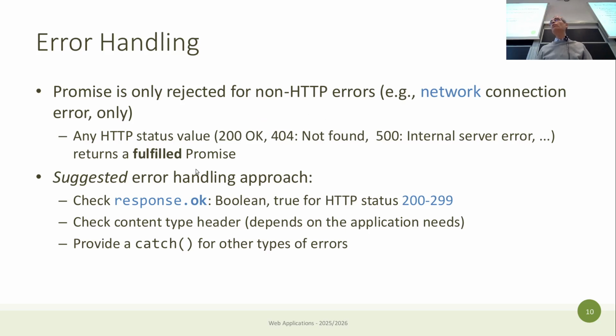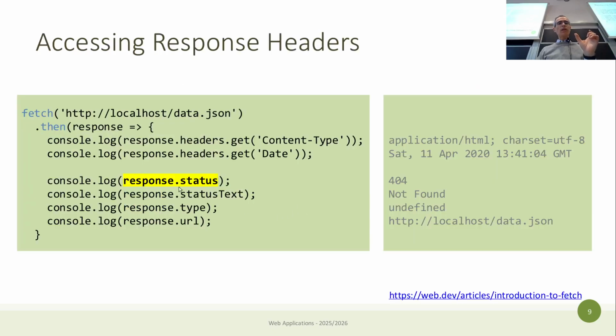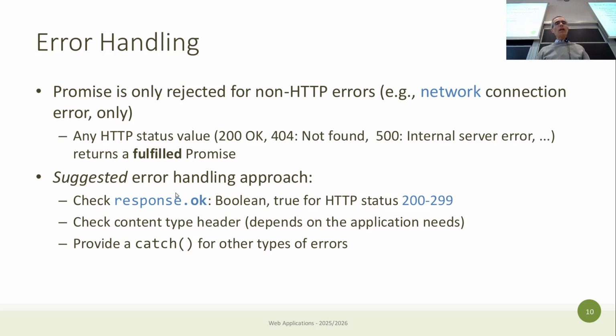You may want to handle the errors, and the errors are handled basically by the status attribute of the response object. So, suggested error handling approach, well, first of all, maybe you can check the .ok attribute. If it's fine, probably you don't really care that much of the status code.